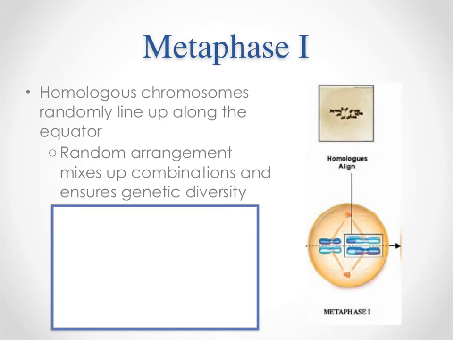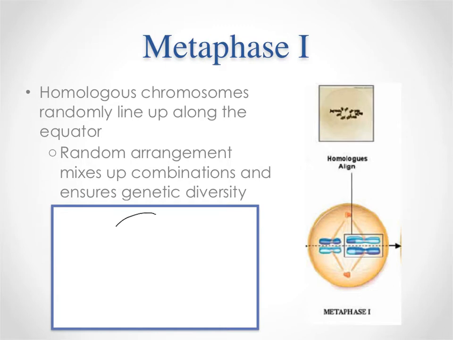Metaphase 1 of meiosis, the homologous chromosomes randomly line up along the equator or along the center of the cell. The random arrangement of both paternal and maternal chromosomes mixes up the combinations, ensuring genetic diversity in the gametes that are being formed.